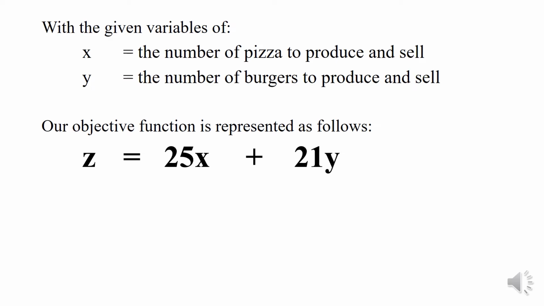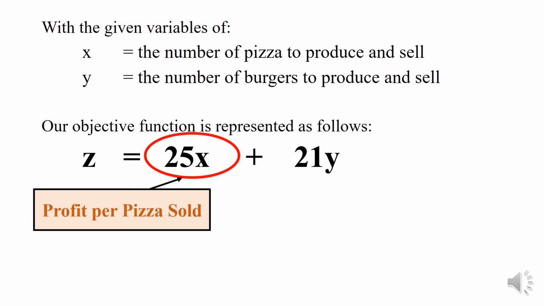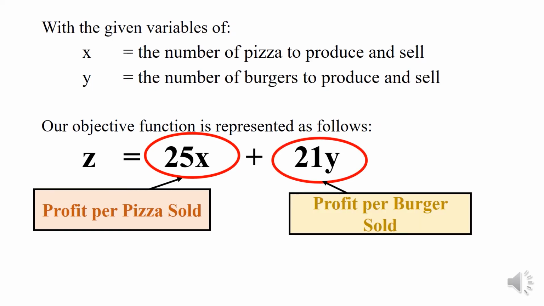The 25 is the profit per pizza, 25 pesos, and then plus 21y. 21 is the profit per burger, and y is the burger. So we have to maximize the profit Z. Again, 25 pesos is the profit per pizza, and 21 is the profit per burger sold.